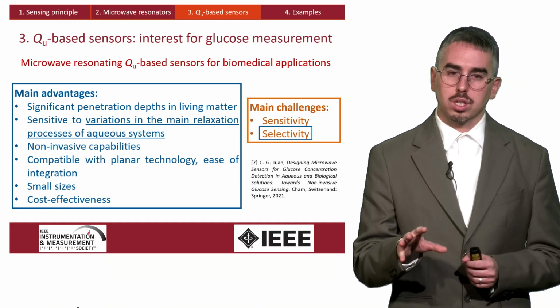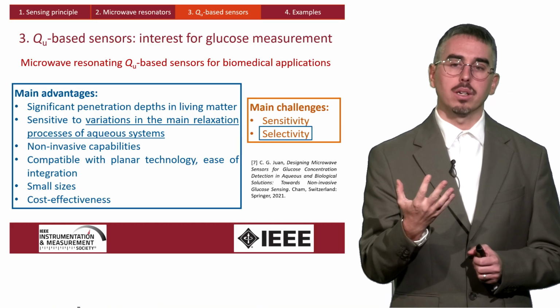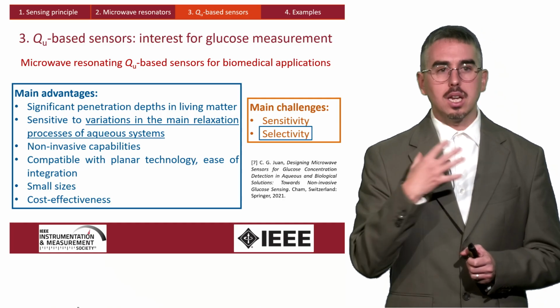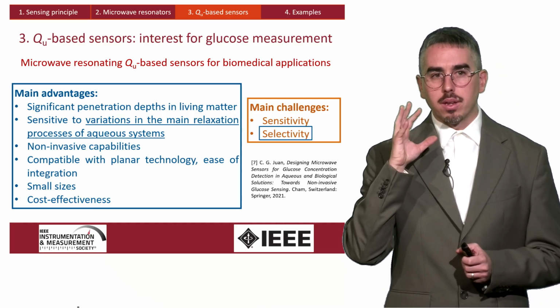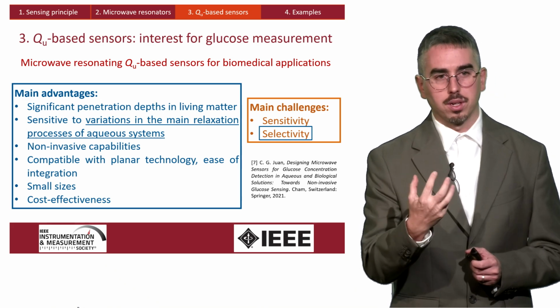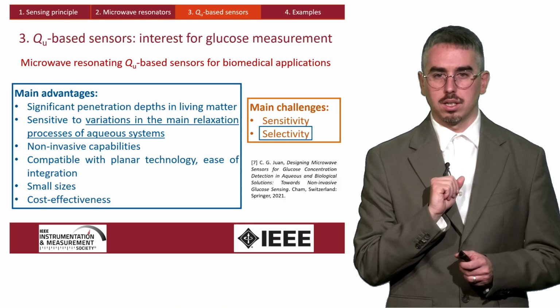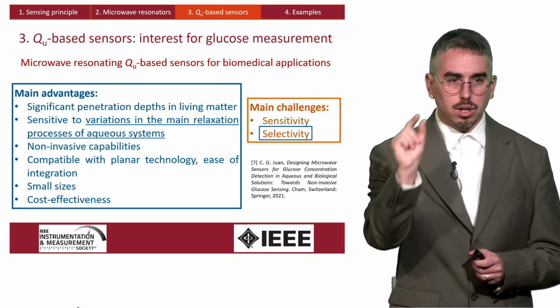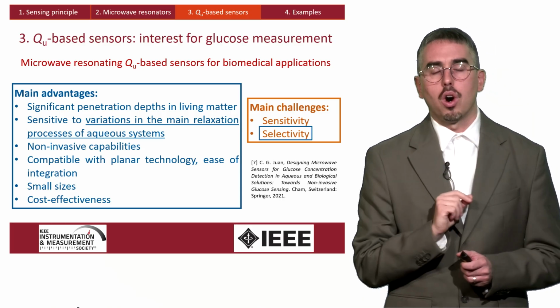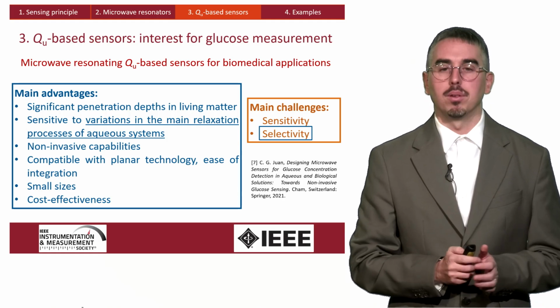While recent works have shown interesting techniques to remarkably increase the sensitivity, in my opinion, the real challenge for the future will be the improvement of the selectivity, which is an intrinsic limitation of these sensors. That is, the ability to discern variations of different components at the same time in the sample.